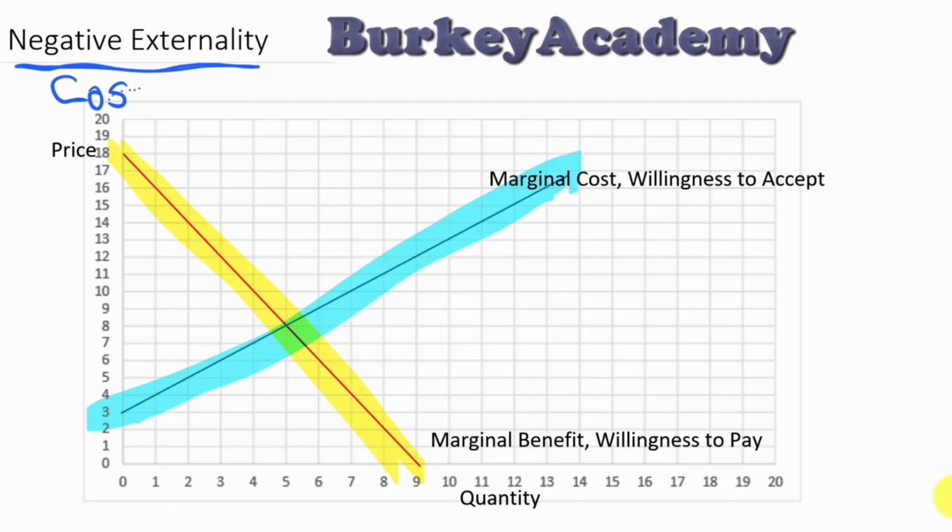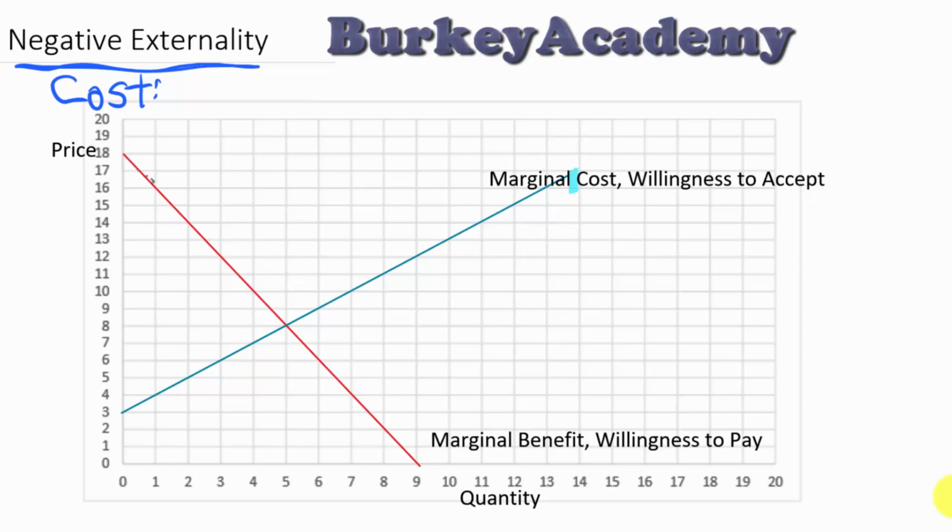So a negative externality, or a cost externality, is a cost that spills over to third parties. Now, what we're concerned about as economists when we're thinking about supply and demand and the possibility of externalities is we want to look at the total surplus created in the market.